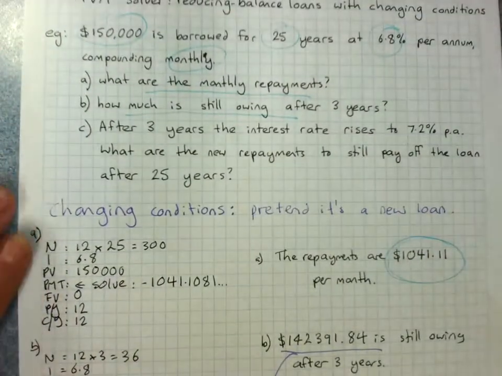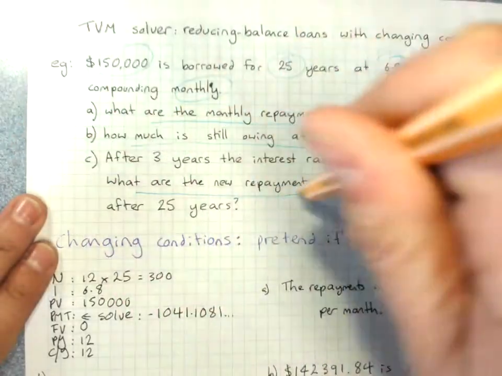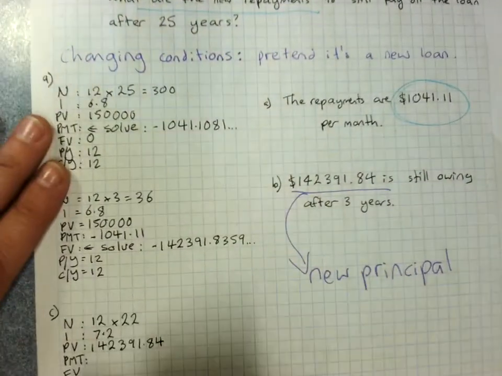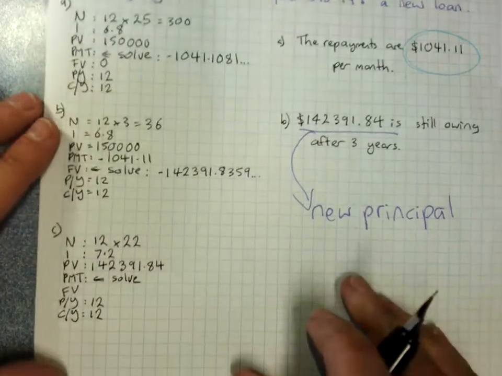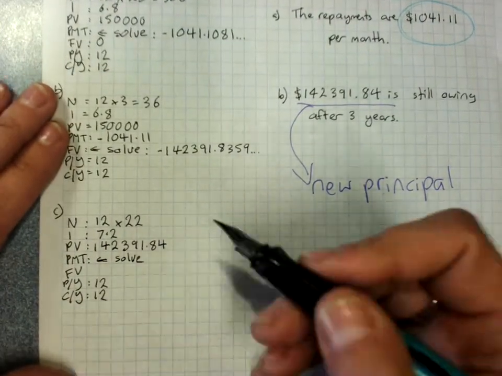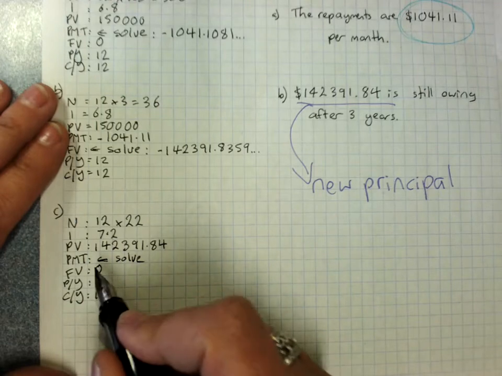The question is asking, what are the new repayments? So we're solving for our payments, and we want to pay it off, so our future value is 0.